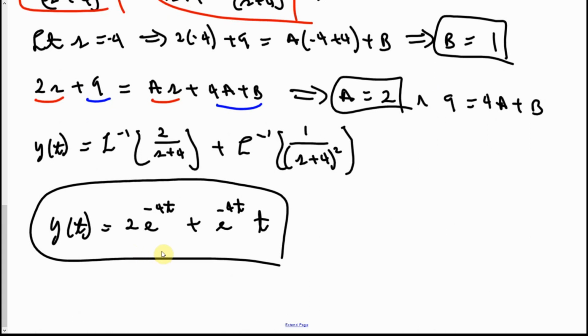Pretty cool. Notice that the solution for the non-homogeneous part also had an e to the negative 4t, but it was repeating, so we had to fix that. And Laplace transform automatically fixes that glitch by supplying, previously an x, but here a t. It's the same thing.